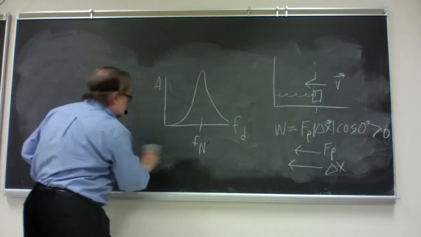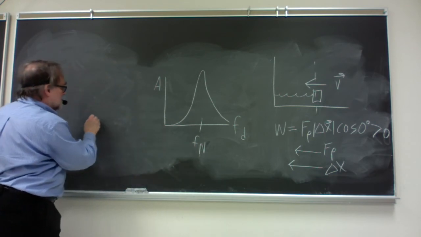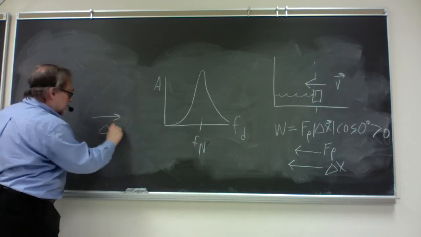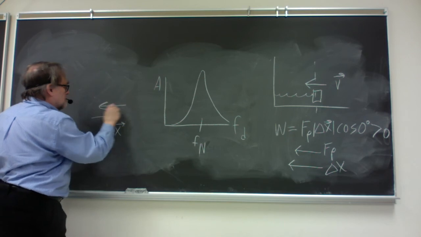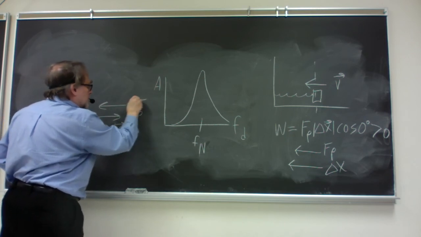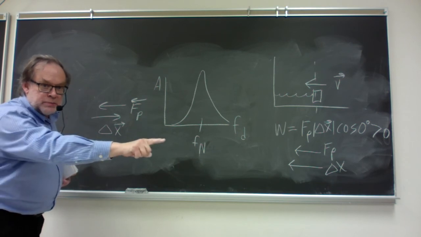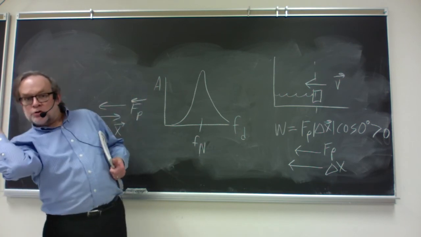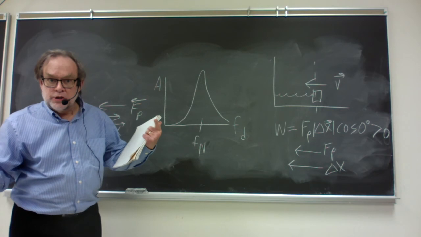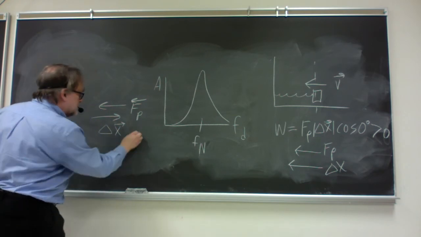So in those cases, say if the mass is moving this way, it's got a displacement to the right, but I'm pushing to the left, then in that case the angle between the displacement direction and the force direction, they're directly opposite to each other. The angle is 180 degrees.